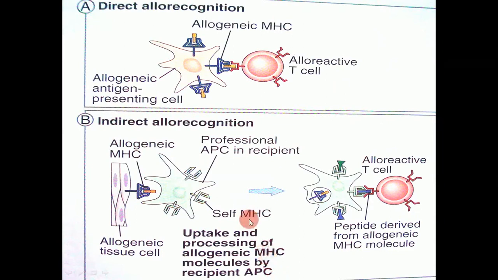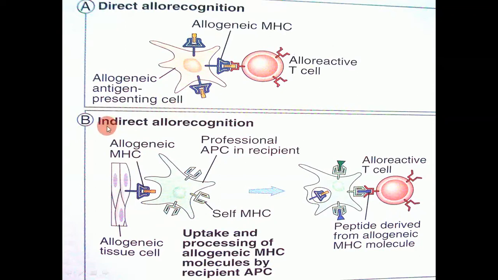So there are two types of stimulation of the T lymphocyte. First, the direct allorecognition, in which the cell of the donor, which carries the donor antigen, presents it directly to the patient's T lymphocyte.